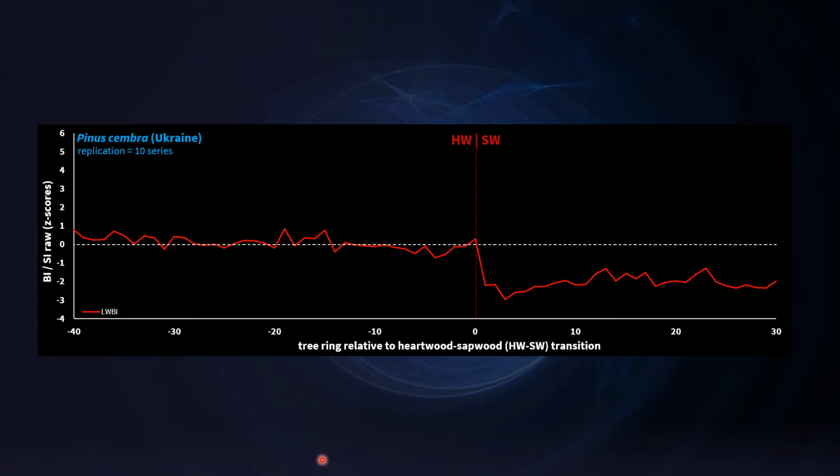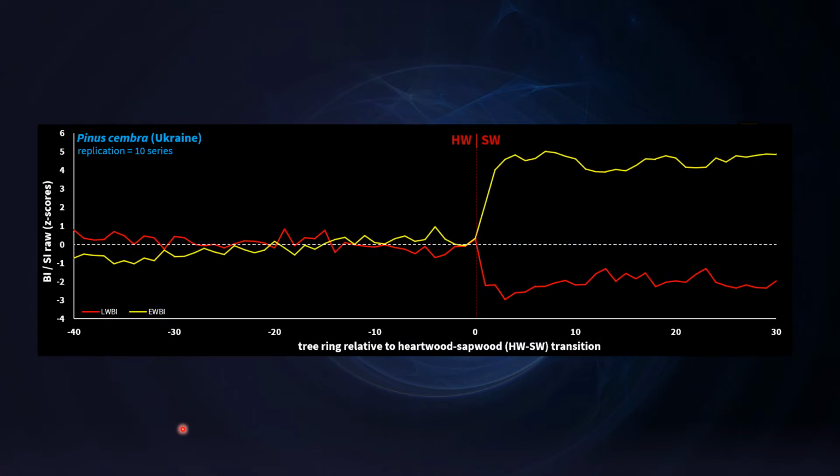So what we have here is the darker inner portion of the sample and the lighter outer part. And so when we average these together, we see this very pronounced dip and a step change in the values in the maximum latewood blue intensity data set.